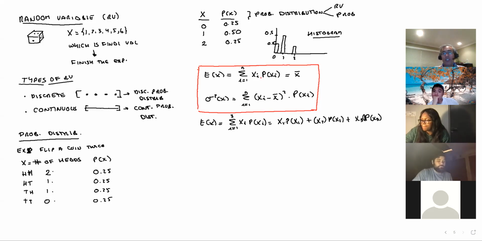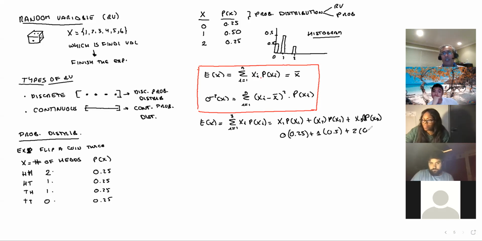Okay, so what is x1? X position 1 is 0, right? So it's going to be 0. What is the probability of 0? 0.25. What is the value of position 2? X position 2 is 1. What is the probability of 1? 0.5. Plus, what is the value of position 3 of x? 2.